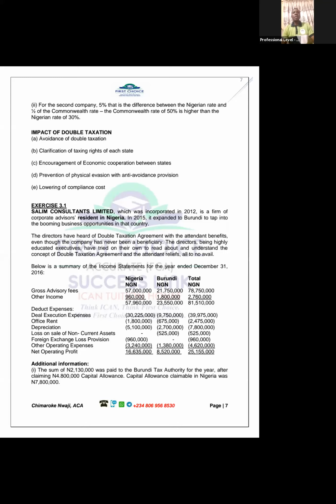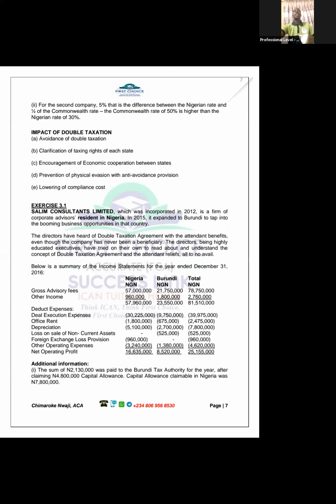Below is the summary of the income statement for the year ended December 31st, 2016. So we still know it is preceding year basis. That is normally the tax principle for many countries. So that would mean that this income statement is for the 2017 year of assessment.